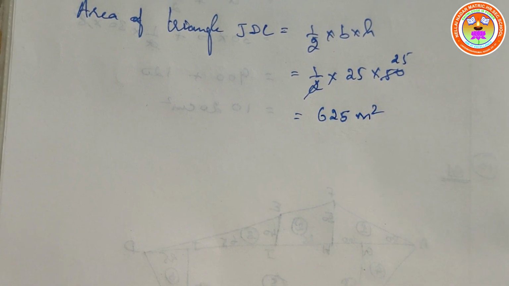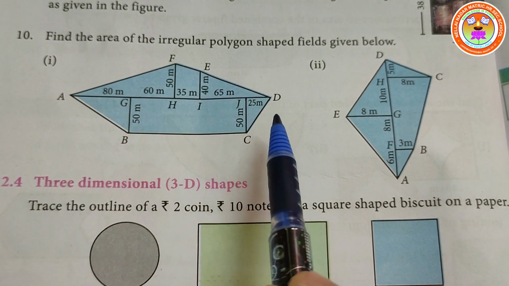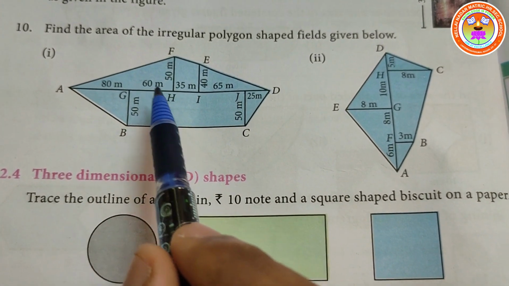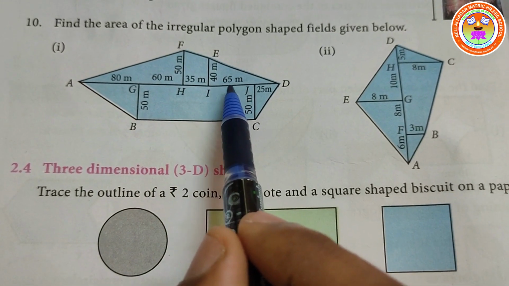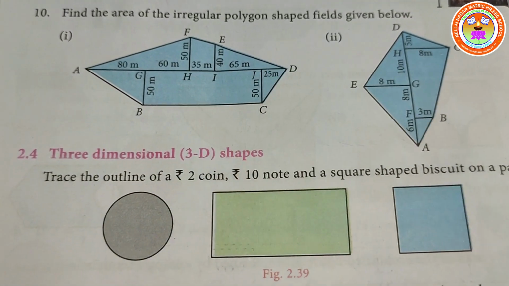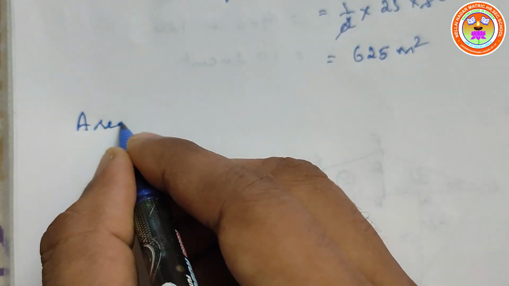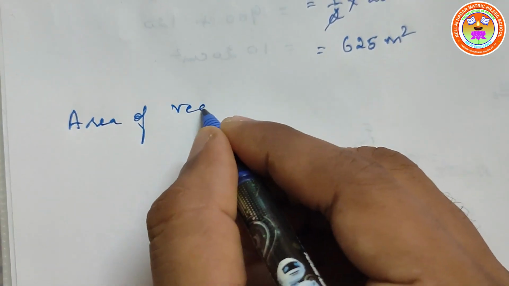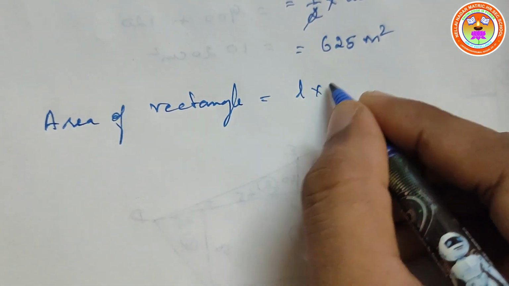Next we are going to find the rectangle. Where it is? Here. This rectangle we are going to find. The opposite sides are 50, 50. What is the length of the rectangle? 60 plus 35 plus 65. This is the length of the rectangle. Area of rectangle is equal to length into breadth.